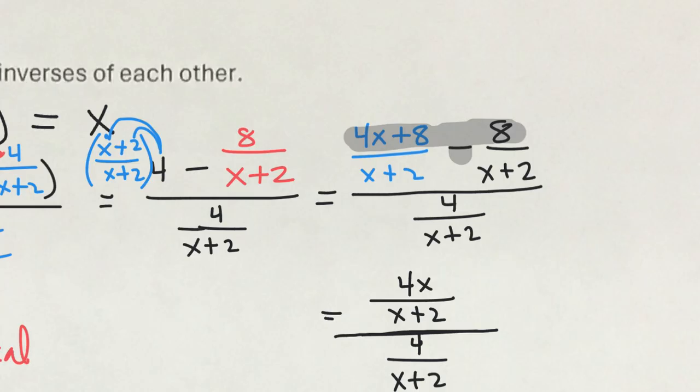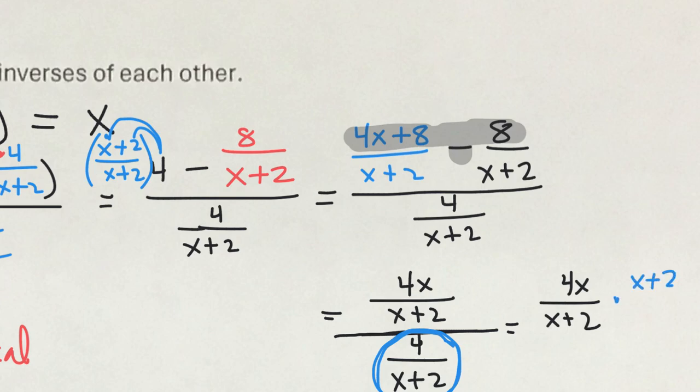So now I'm back in that same boat of having a fraction divided by a fraction. And what do I do instead of dividing a fraction by a fraction? Multiply by the reciprocal, right? So this is the thing I'm going to reciprocate. What's the reciprocal of 4 over x plus 2? X plus 2 over 4. Okay, instead of dividing by a fraction, I multiply by the reciprocal.